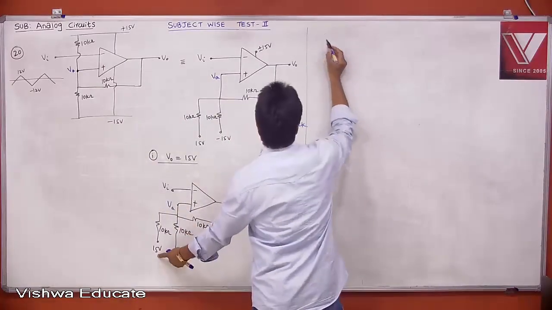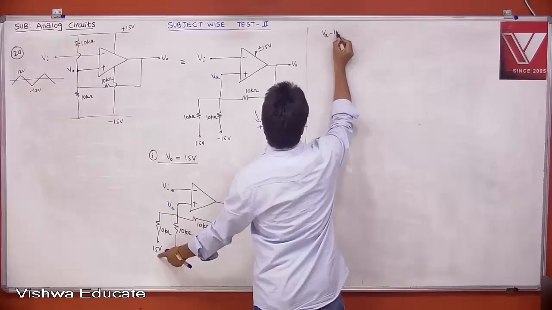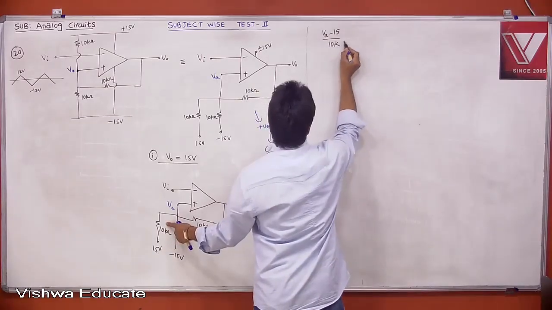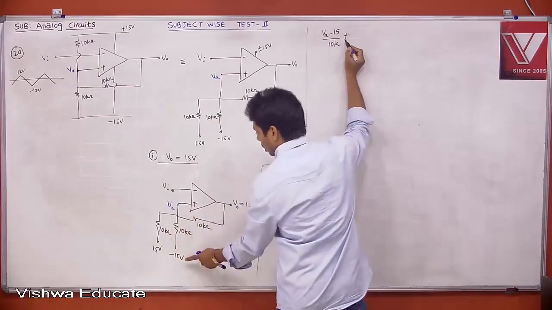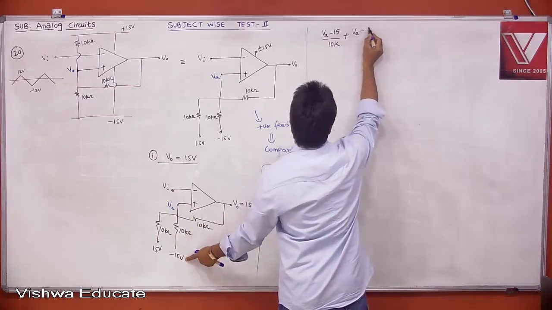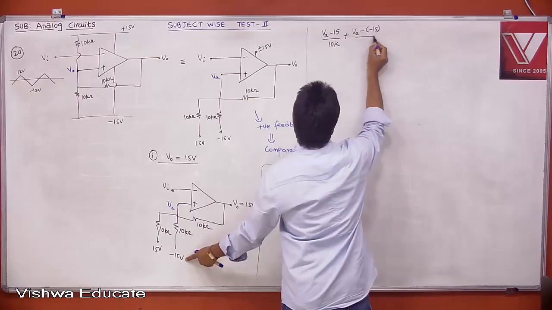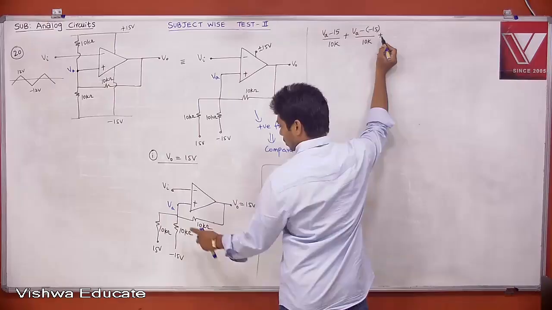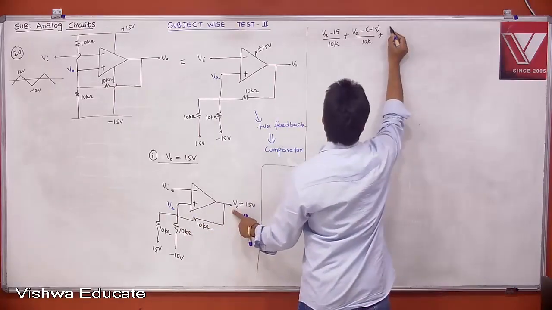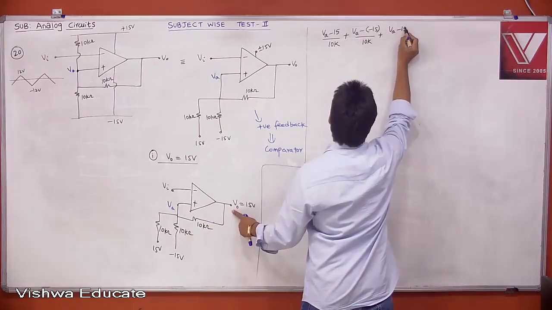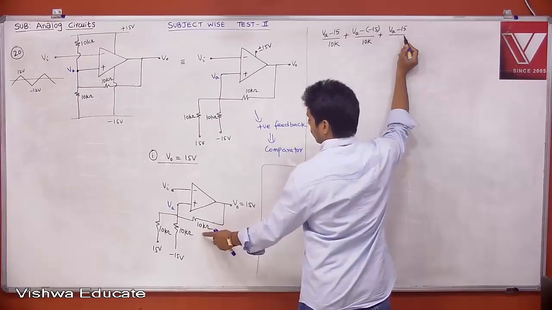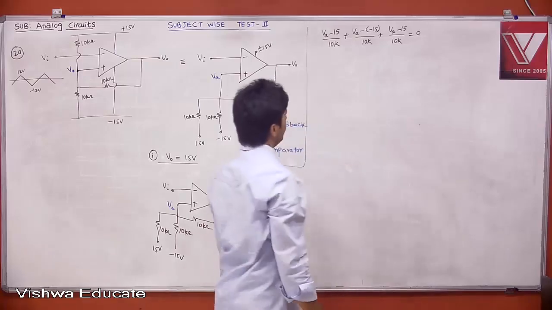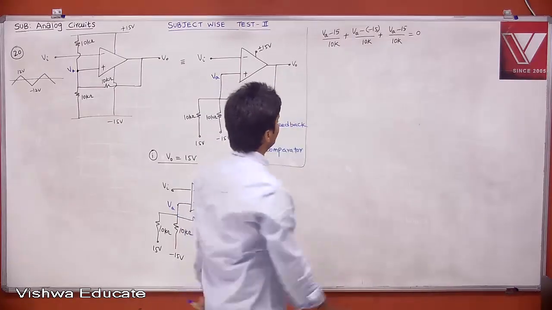When you apply nodal analysis: (VA minus 15) divided by 10K, plus (VA minus of minus 15) divided by 10K, plus (VA minus V0) divided by 10K is equal to 0. What is V0? 15 only. Then 10K will be cancelled.